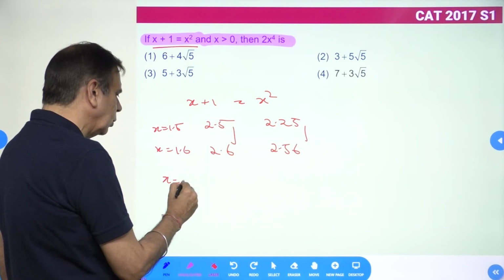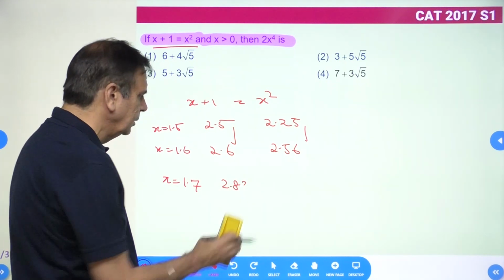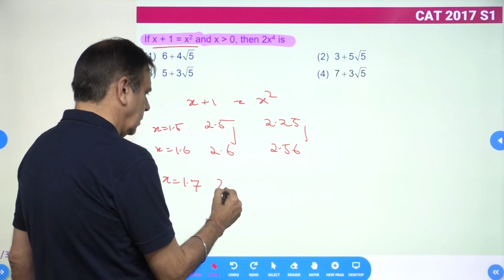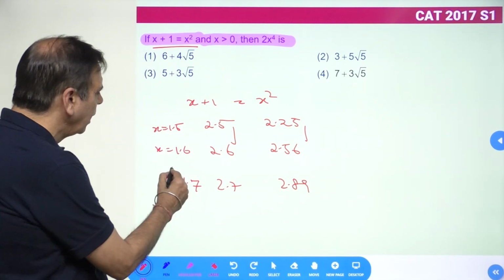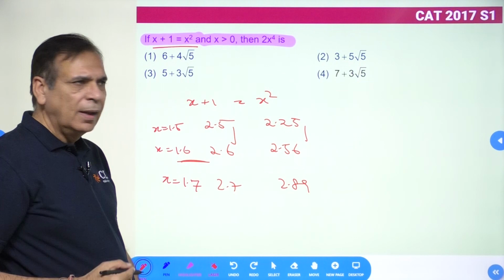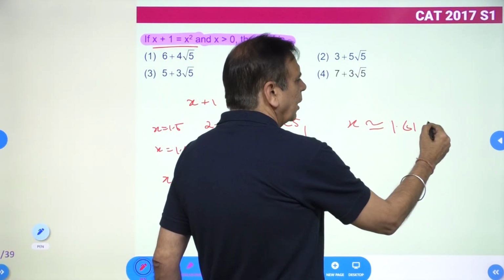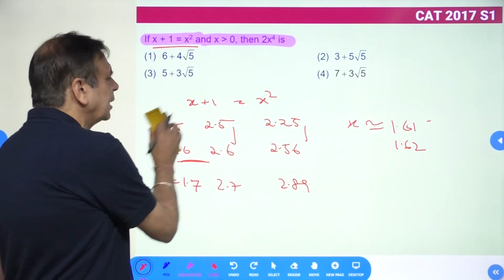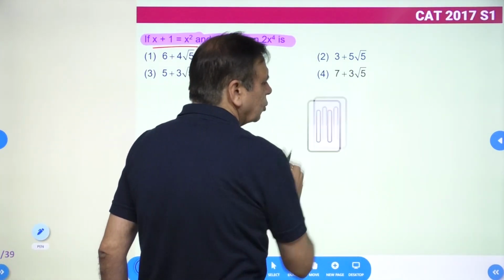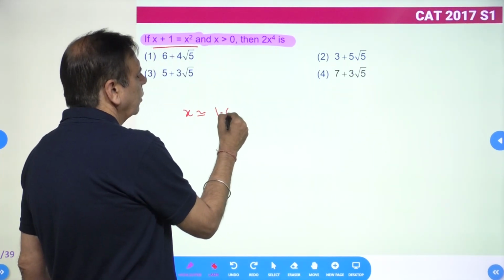Suppose I take x equal to 1.7: 2.7 and 2.89, since 17 square is 289. So x has to be approximately 1.61 or 1.62, somewhere around here. Take an approximate value and use the calculator. So let me take x equal to 1.62.